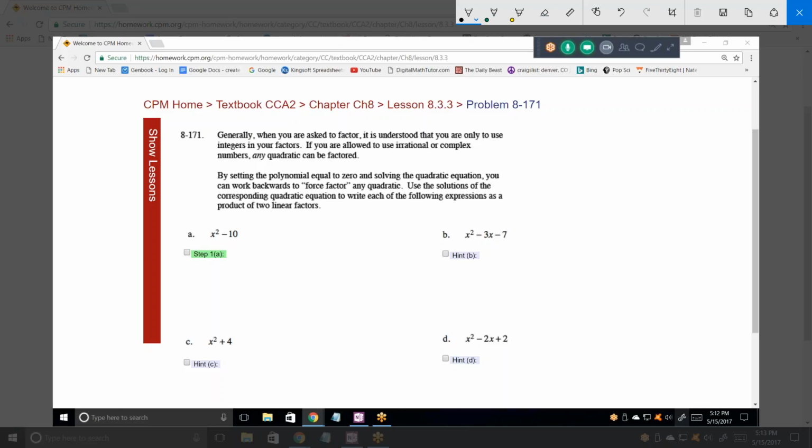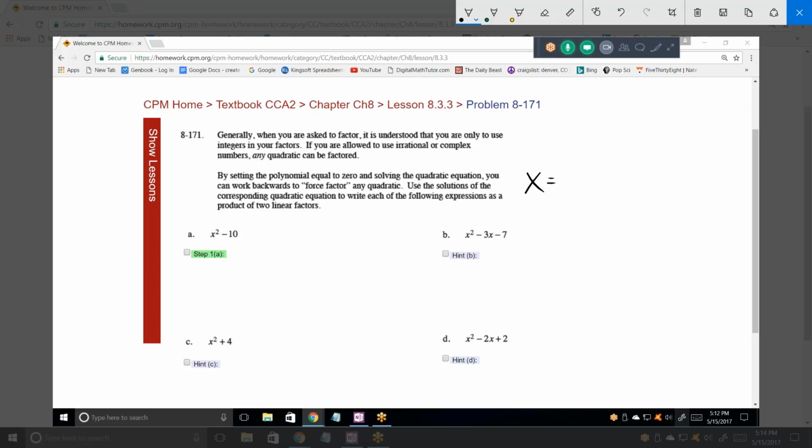How about this one? Doesn't factor. Okay, so we can solve it. We can still turn it into the product of two linear factors. What's x equal to? The negative b plus or minus. Okay, so give me the numbers.